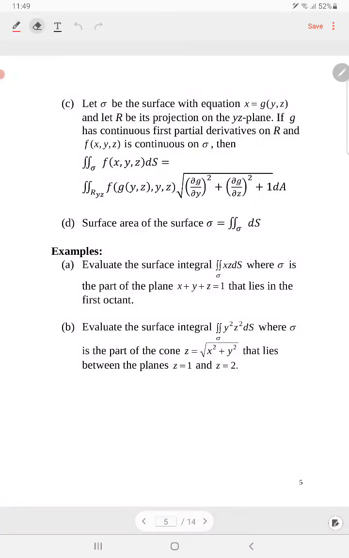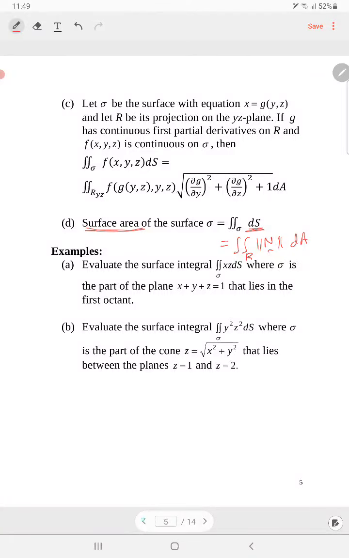So ds here is just the magnitude of normal vector dA over your region R. Your region R is the region where you project the surface sigma onto, so it can be on the xy plane, yz plane, or xz plane. But the bottom line is, if you integrate ds over a surface sigma, what you are calculating is the surface area of your surface sigma.